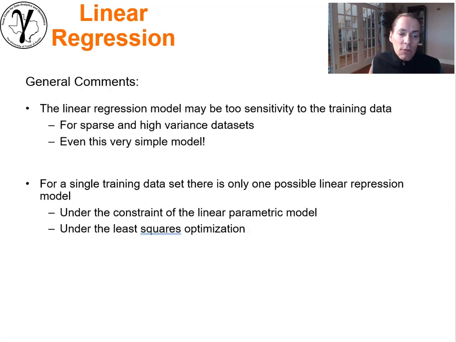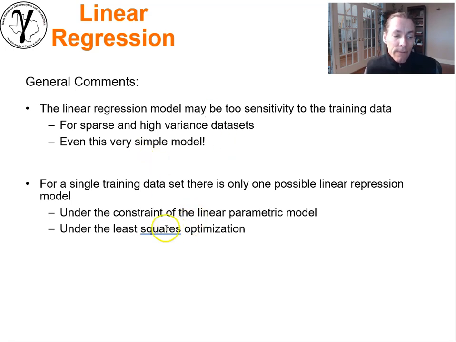Let me make some general comments about linear regression. The linear regression model may still be too sensitive to the training data. For sparse or very high variance data sets, even though it's a very simple model, and we talked about the idea that more complicated models tend to have greater model variance, we may still find this model variance too high.